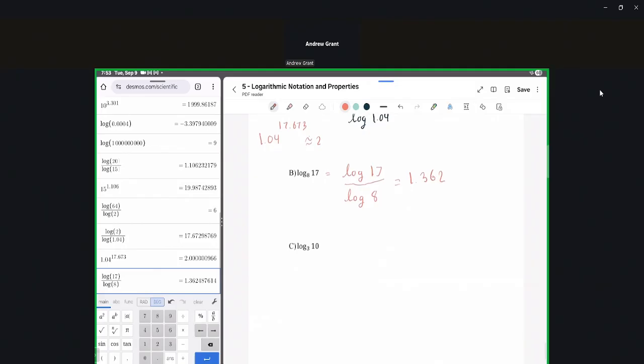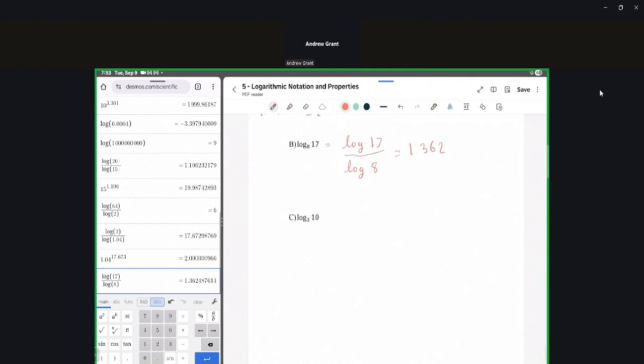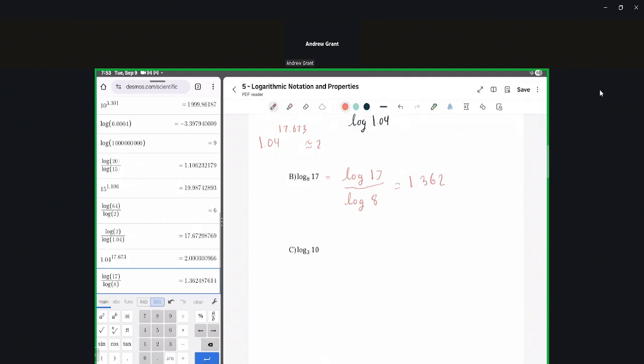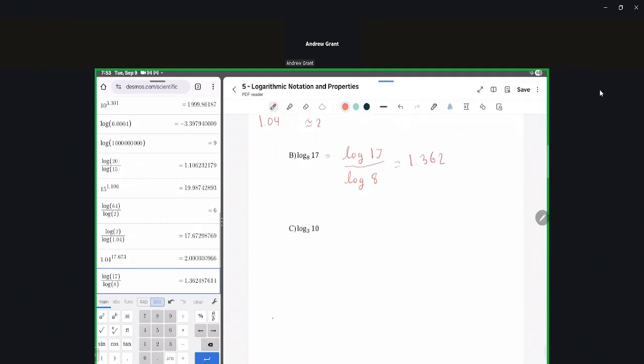Lastly, but not leastly, we have log base 3 of 10. This is where it becomes useful to think of converting these over to the exponential equivalent. So if log base 3 of 10 is equal to something, then the question becomes 3 to the power of something should equal 10.